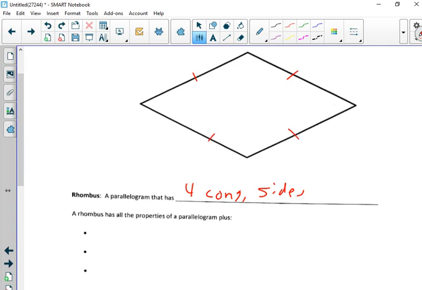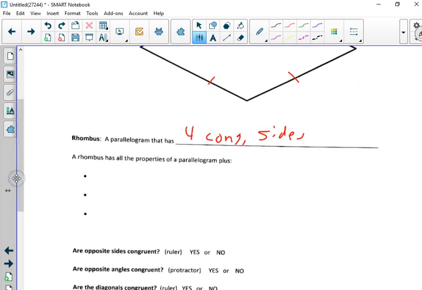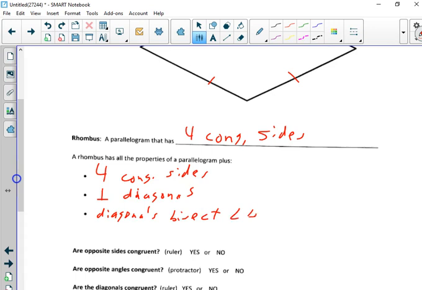Now, rhombus has the properties of a parallelogram, plus 4 congruent sides, perpendicular diagonals, and diagonals bisect the angles.